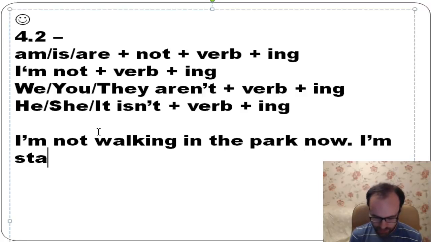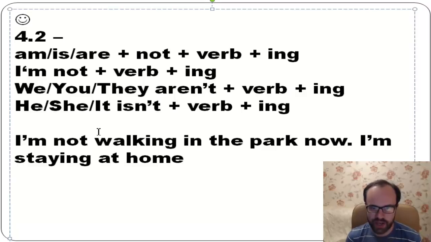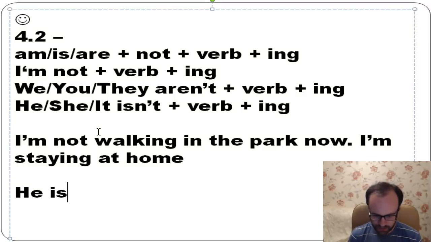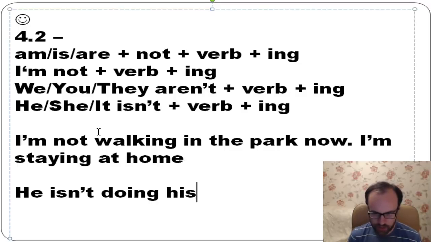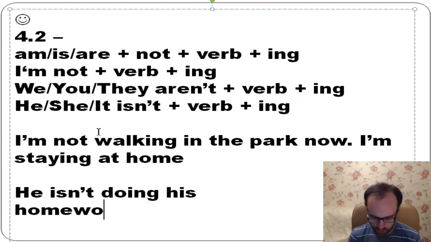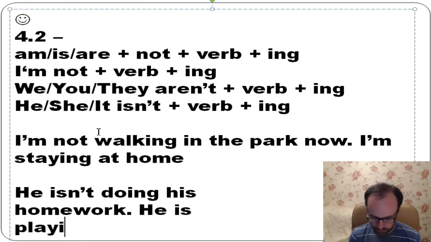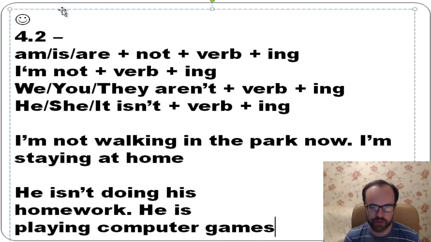I'm staying at home. Next, he isn't doing his homework. He is playing computer games.